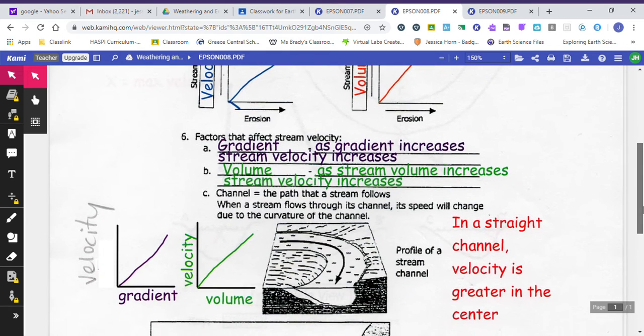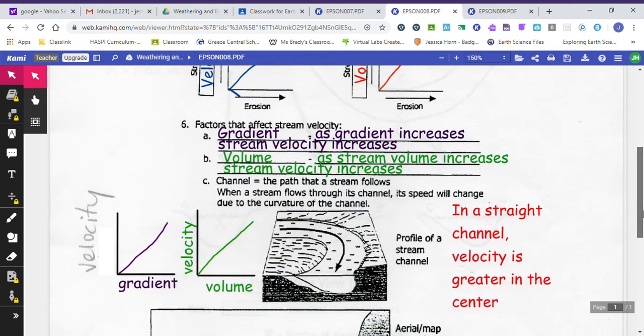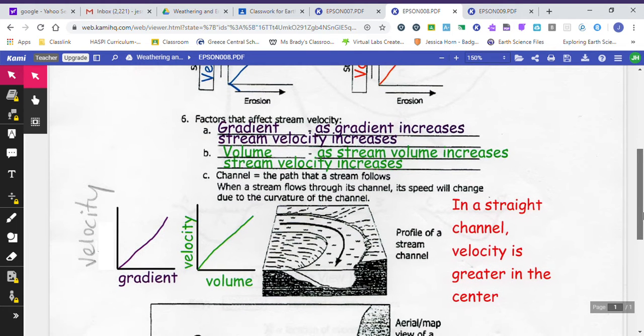Okay, I've got some graphs over here. Purple graph: we have gradient at the bottom, and as the gradient increases, the velocity of the water will increase.